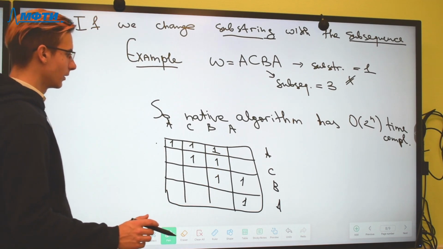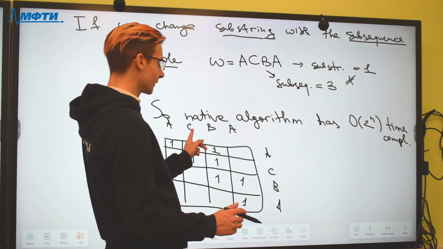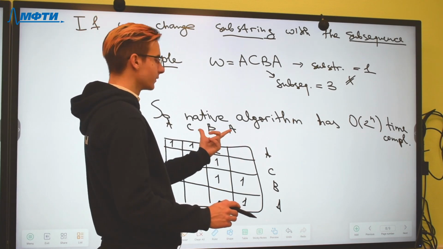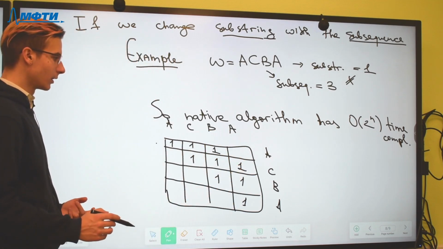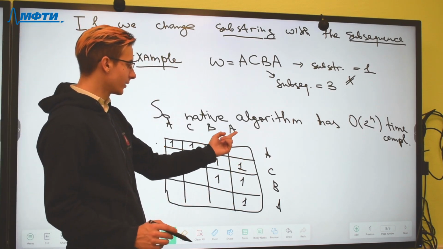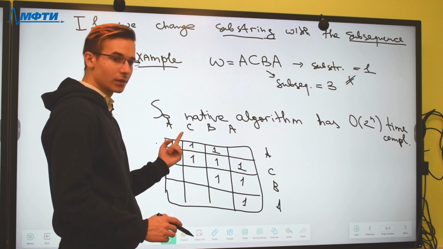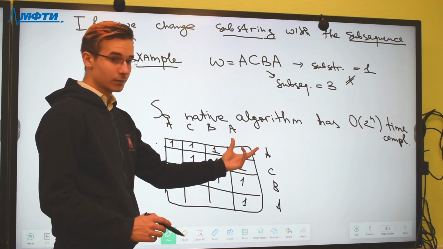Then I see here from C to A, they are not equal, so I set here 1, 2.